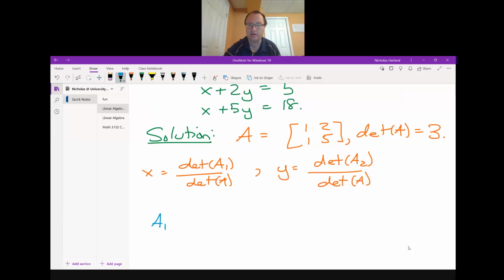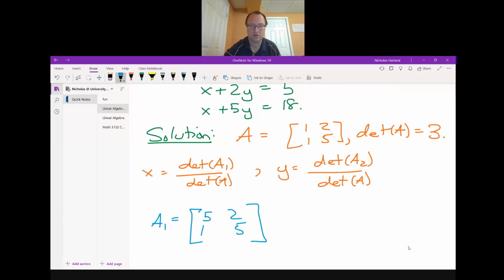So A1: we start with A itself. And to determine the matrix A1, not the determinant yet, but the matrix itself, we're going to take the first column of A, and we're going to replace it with the matrix B on the right-hand side.